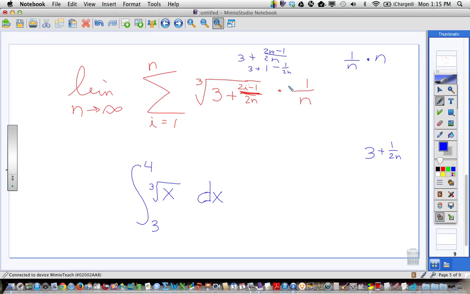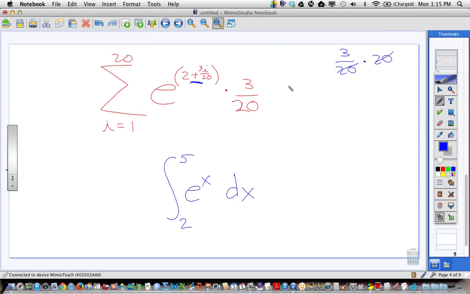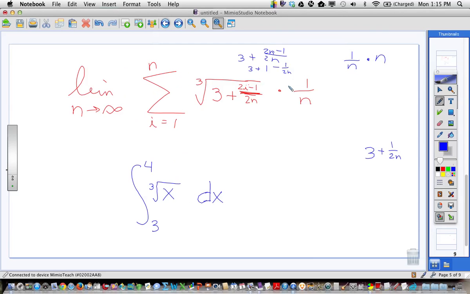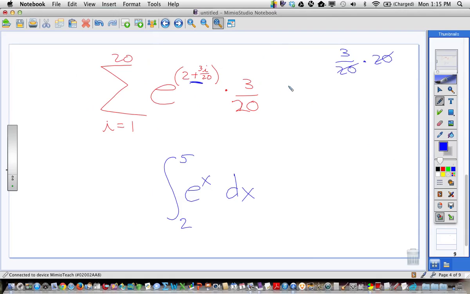Now, again, one last time. I think you guys got this, but let's talk about this. On this problem where it had ends and had infinity, the only difference is, what does this sigma represent? 20 right rectangles. This was 20 right rectangles. So if I was going to put these two together, I would not put an equal sign between them. This would be an approximate sign. This would be 20 right rectangles, which is an approximation to this area.